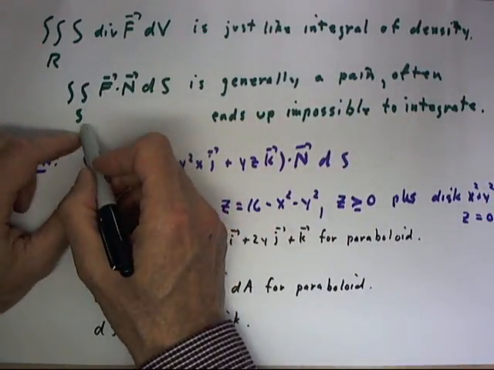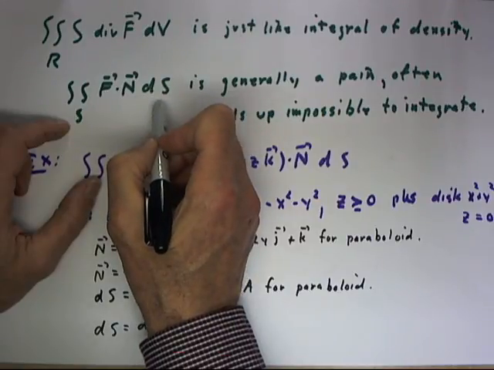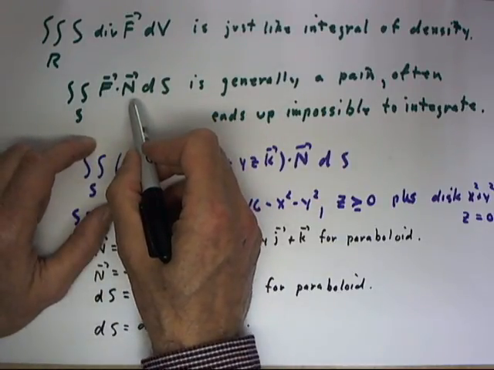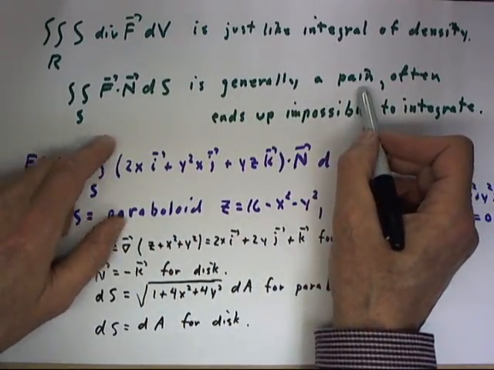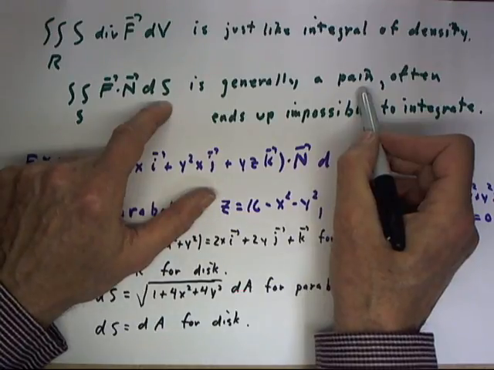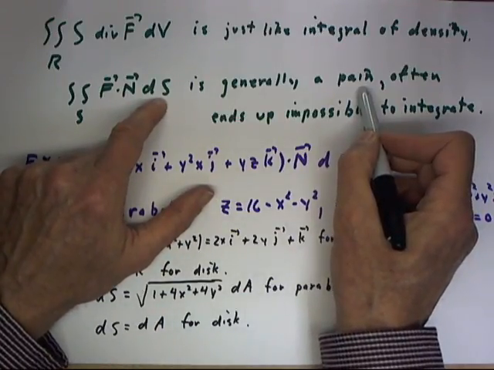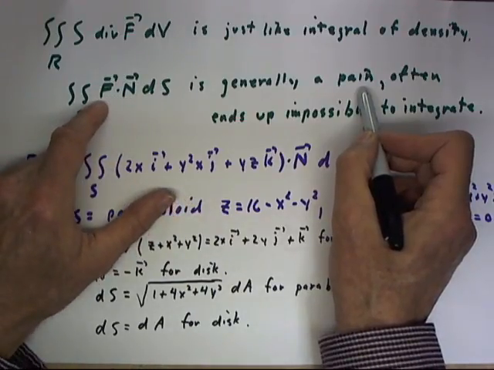So the integral over the bounding surface of f dot n dS, as we maybe saw in the last example, is generally kind of a pain. We've got to mess with the surface increment, or the area increment of the surface. We've got to fool around with the normal vector.